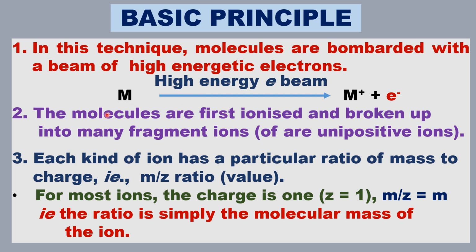The molecules are first ionized, and then you see, देखिए, the ions stable नहीं है। The ions formed stable नहीं है। Therefore, they are broken down into many smaller fragment ions of unipositive ions.